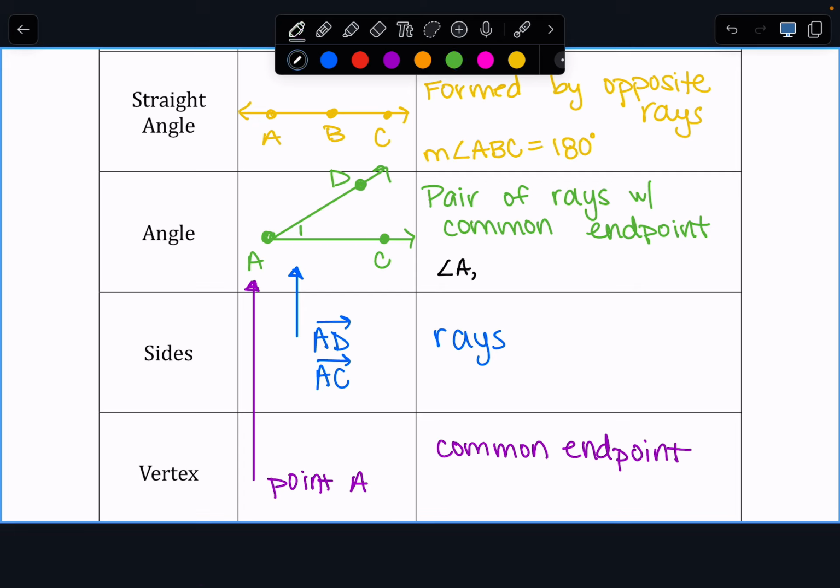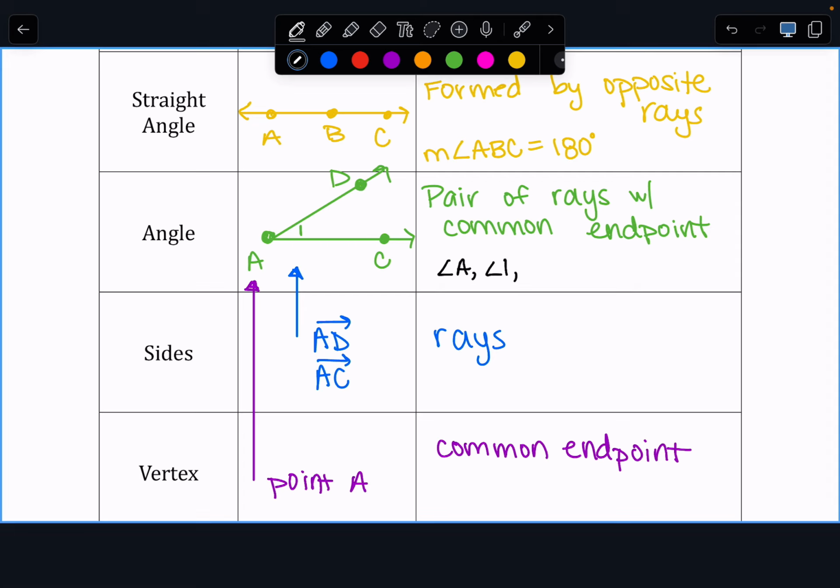So we could name that angle A. If there is a little number that is not a measurement, like do you see how there's not a degree symbol? Because it's not 1 degree. This is giving the angle a name, angle 1.